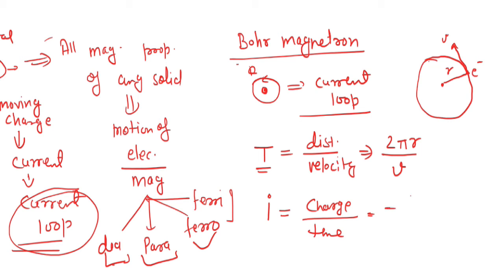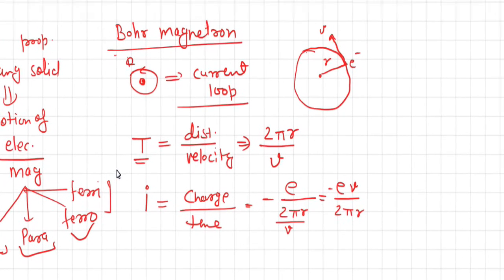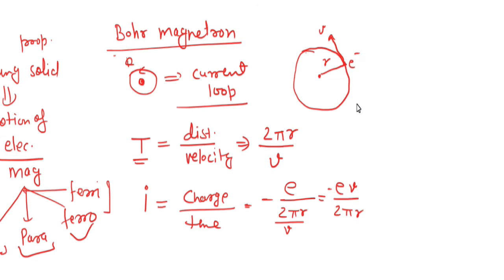This is equal to minus e divided by 2 pi r divided by v, and this will be minus ev upon 2 pi r. So the equivalent current with an electron moving in radius r and with speed v will be equal to minus ev upon 2 pi r.